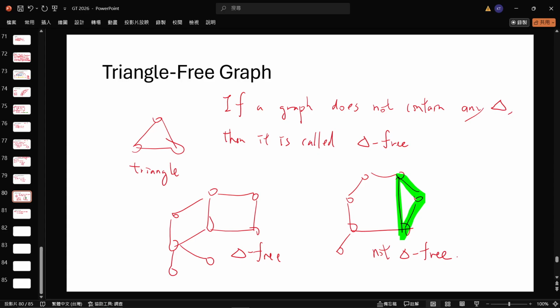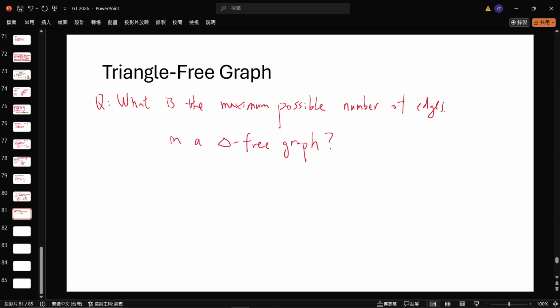So the problem is, how many edges can you add to the graph, assuming that this is an n-vertex graph and we do not allow triangles?